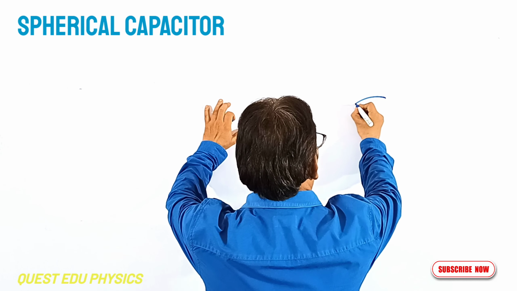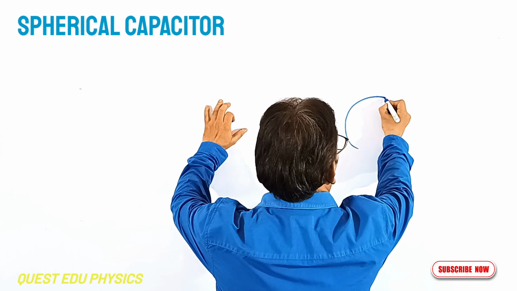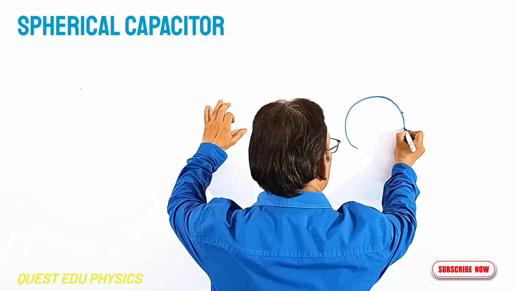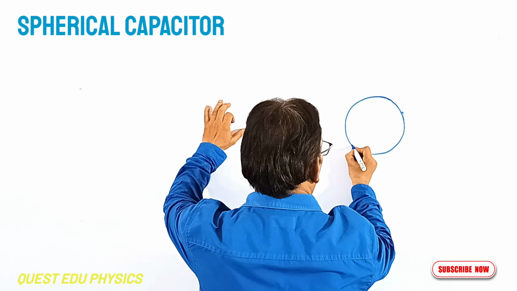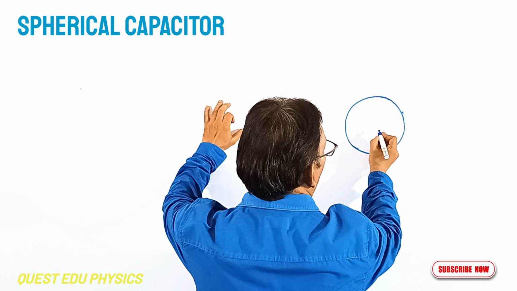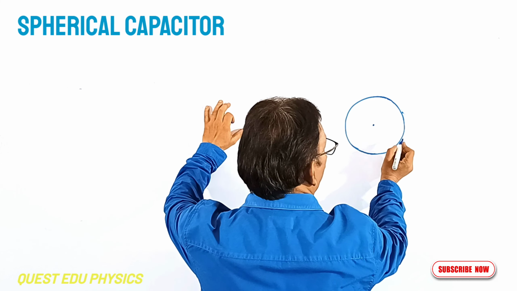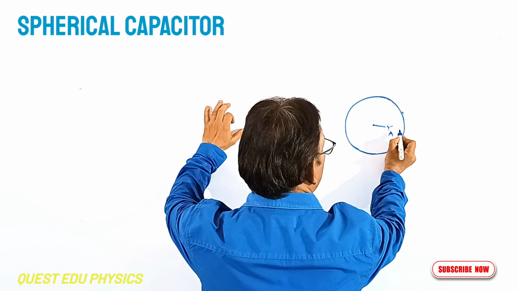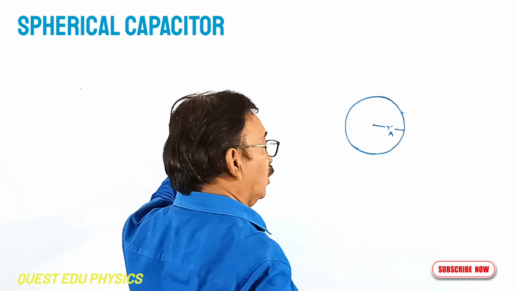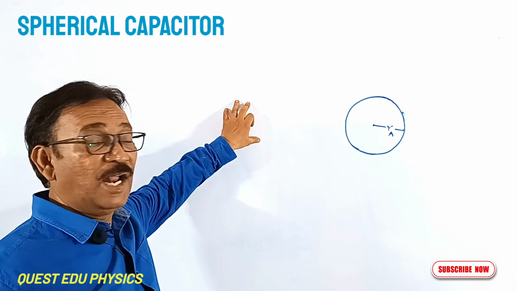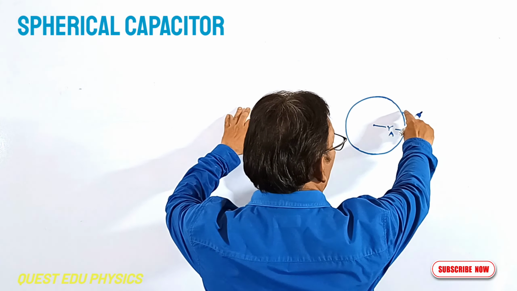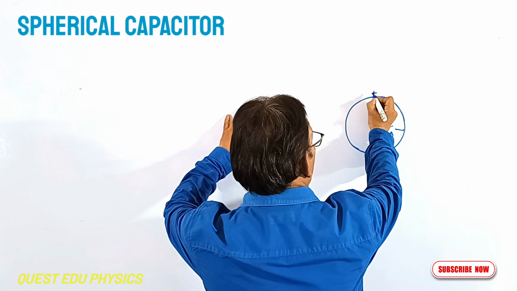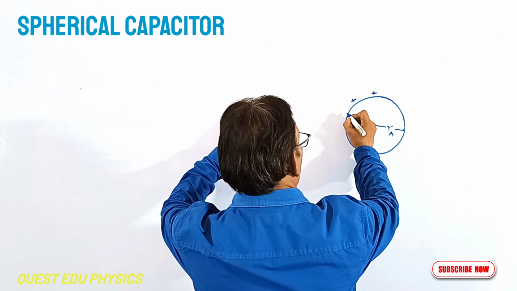Let's say this is the first sphere, which has a radius of RA. This radius is RA. Then we have to give a positive charge to this one.